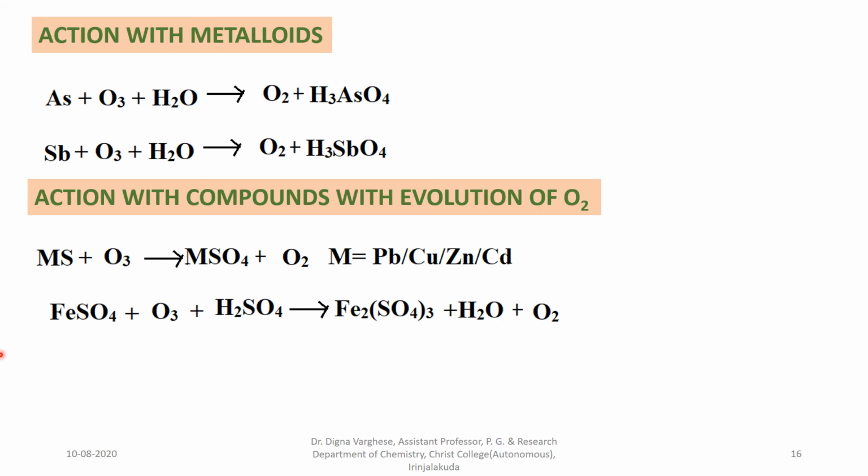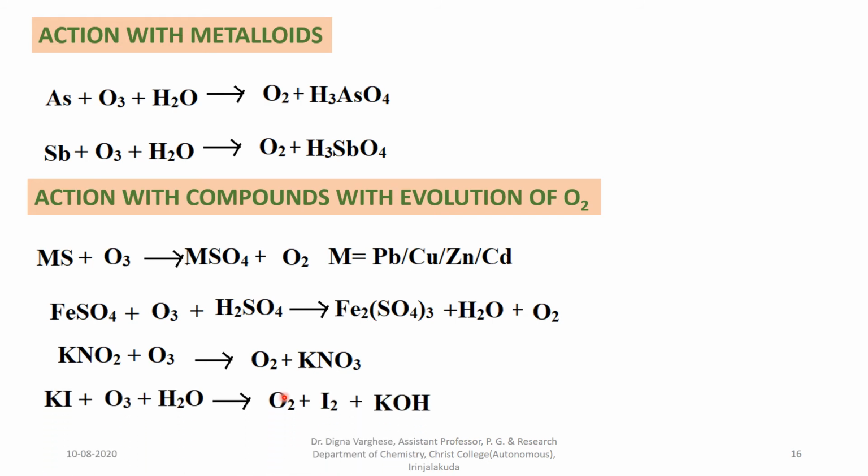Second reaction is when ozone oxidizes ferrous to ferric. Here ferrous sulfate reacts with ozone in the presence of sulfuric acid, giving ferric sulfate; Fe2+ is converted to Fe3+, with the evolution of oxygen. Another reaction is potassium nitrite reacting with ozone to give nitrate with the evolution of oxygen.